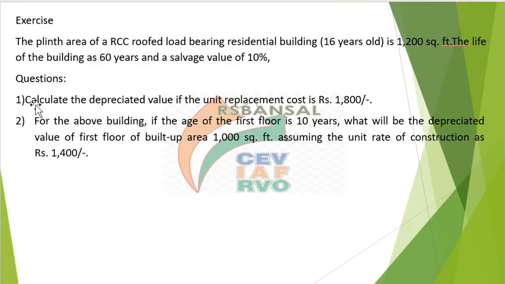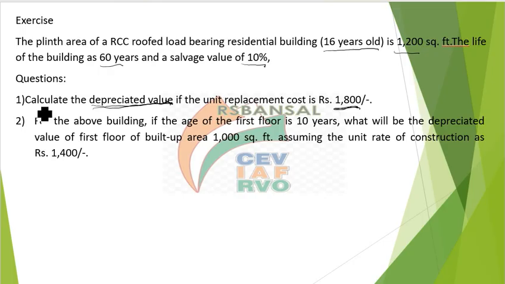Third question. The plinth area of an RCC roofed load bearing residential building, whose age is 16 years, is 1200 square feet and the life of the building is 60 years. Salvage value is 10%. Calculate the depreciated value of the building if the unit replacement rate is 1800 per square feet.